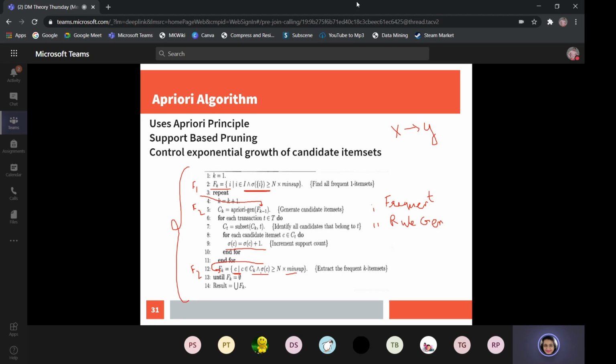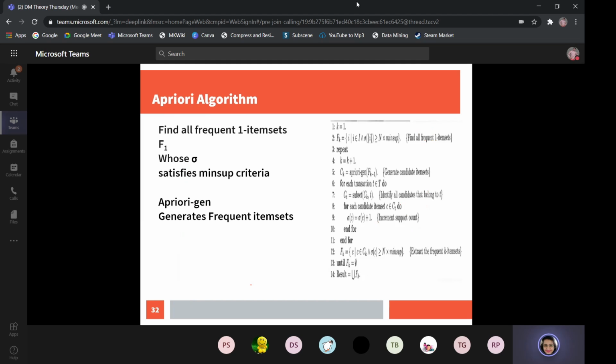So a lot of candidates will be generated, but only those that qualify the min support criteria will move to F2. Then we repeat this till we cannot find any more frequent item sets. At one level the tree will stop, and then all the frequent item sets will be combined in one set. That was the Apriori algorithm.